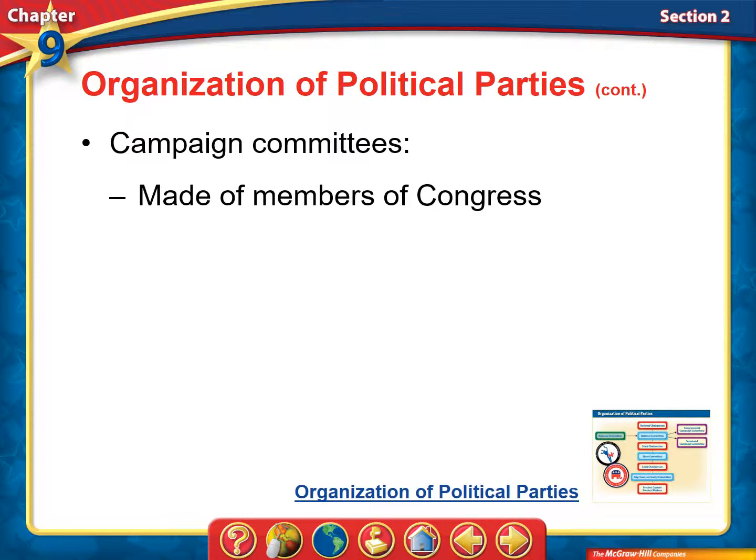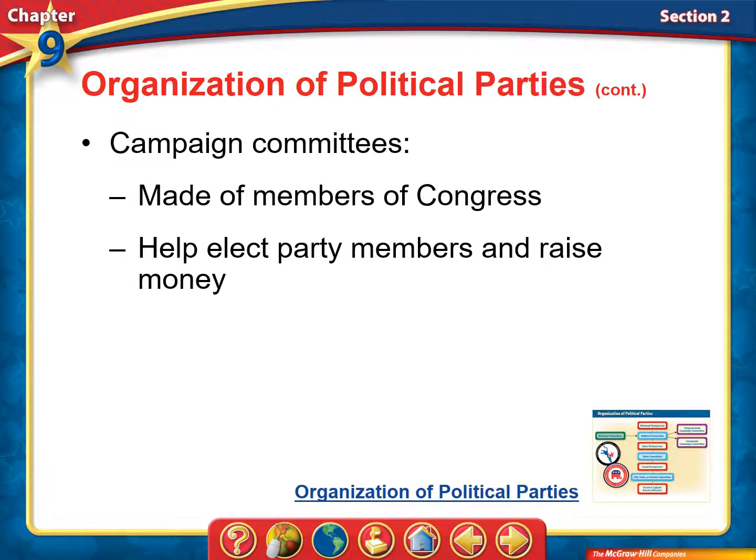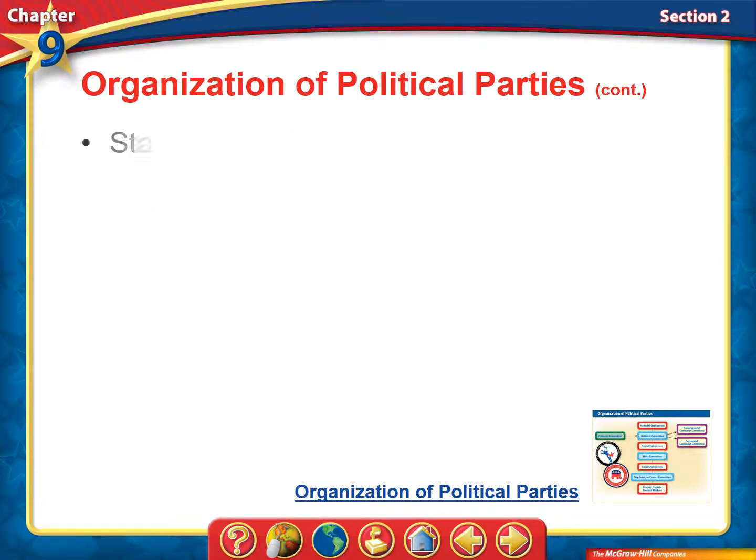Now, also, once the person running, once the candidate is chosen, there's a campaign committee, in fact, at the congressional level. And they are involved with helping to elect party members. They help to raise money.